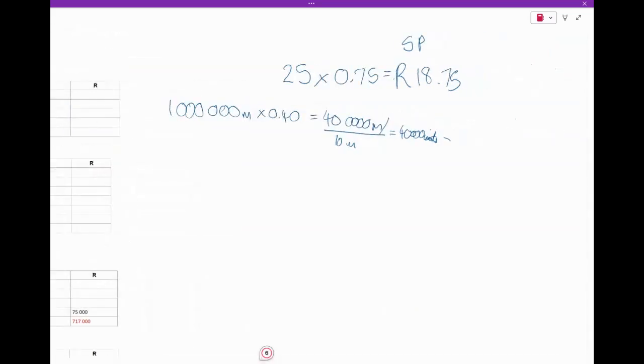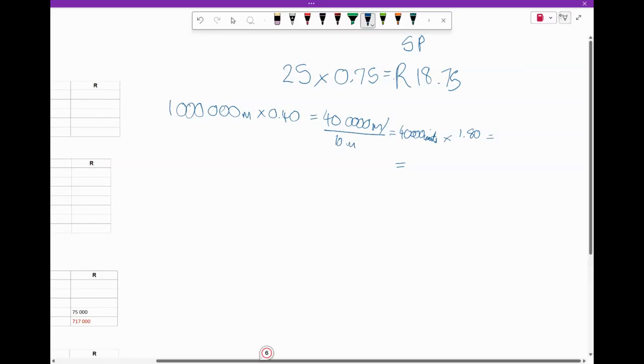Times an increase of 80%, isn't it? So you simply say 1.80. So what is our increase in units if we decrease our price? Yes, it's an increase of 80%.